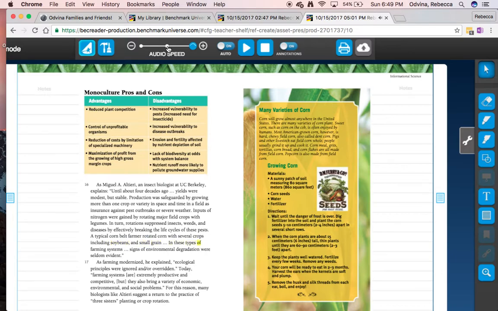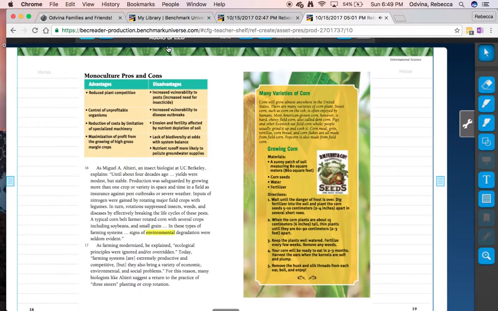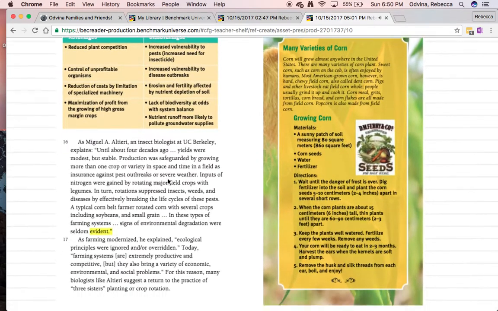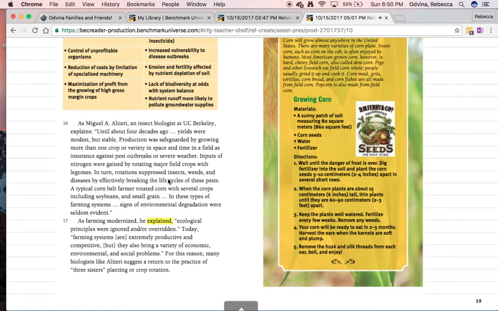In these types of farming systems, signs of environmental degradation were seldom evident. As farming modernized, he explained, ecological principles were ignored and/or overridden. Today, farming systems are extremely productive and competitive, but they also bring a variety of economic, environmental, and social problems.